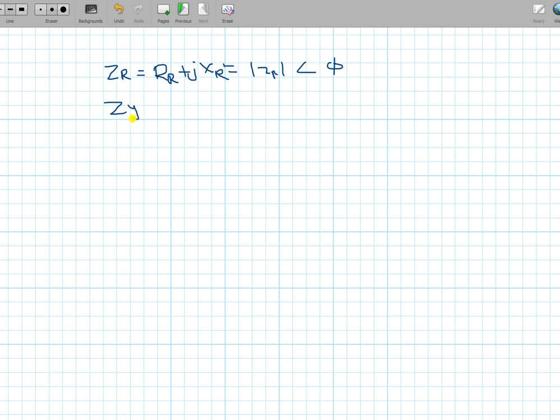Similarly, the Y phase load is equal to RY plus jXY, that is, its impedance value is mod of ZY at an angle of phi. I will say this is the phi r angle, and this is the phi y angle.